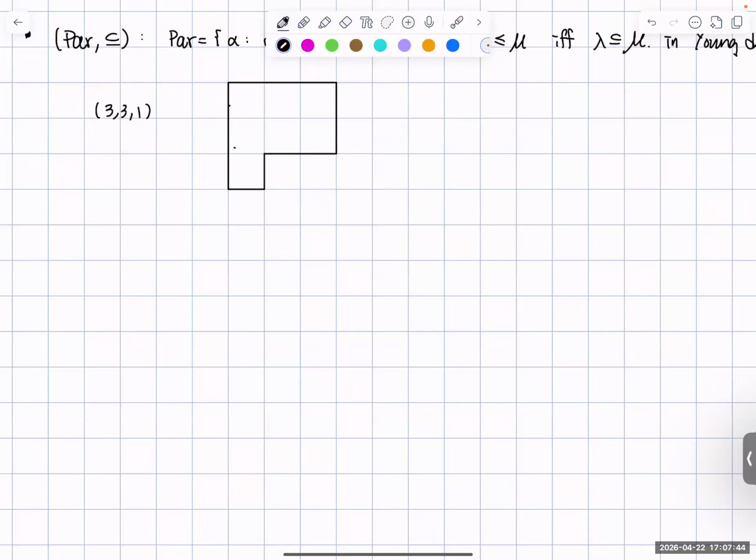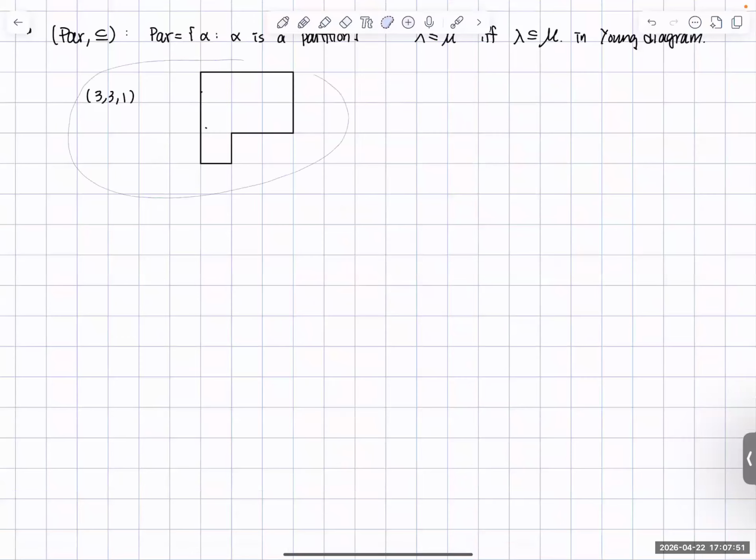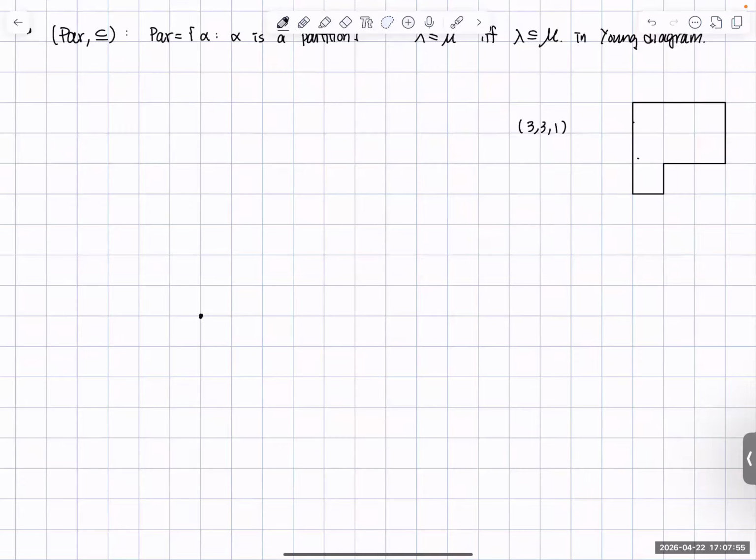So now if I want to draw the Hasse diagram of this, I would start with the empty partition. And then afterwards, I will have 1 box. And then for partitions of 2, it's either 2 or 1, 1. If you draw the boxes out, this is 2, this is 1, 1.